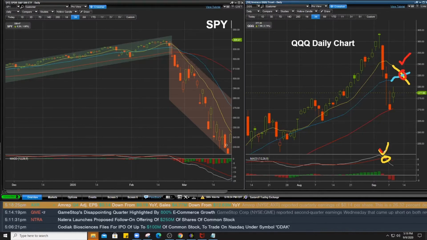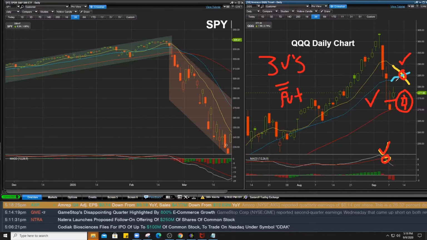So we have one check mark from the MACD, we would have 2 check marks there, and then the first red candle after that would be our third check mark. 3 checks would equal a put entry or shorting the shares.